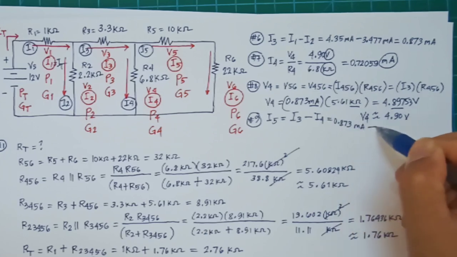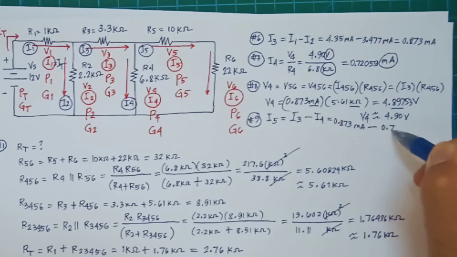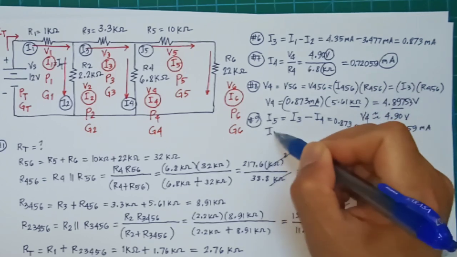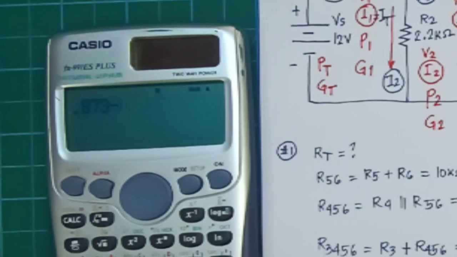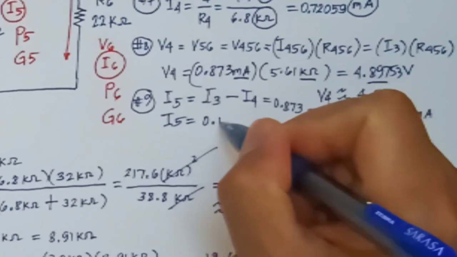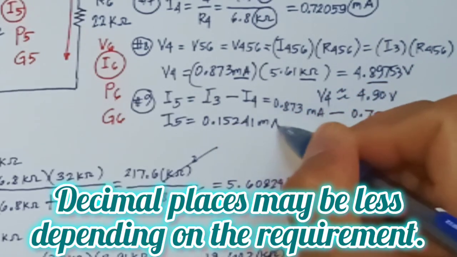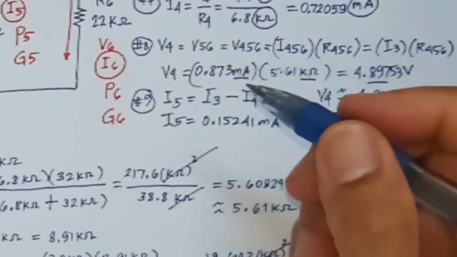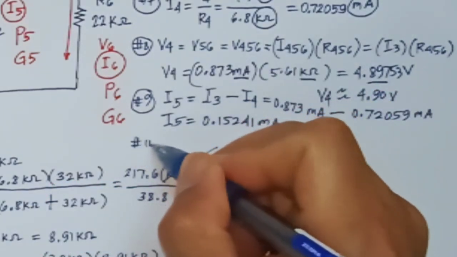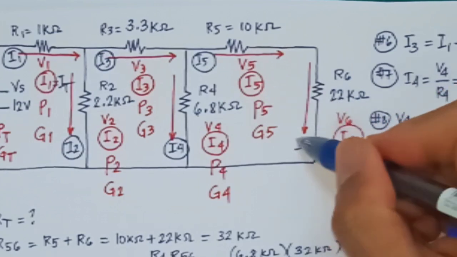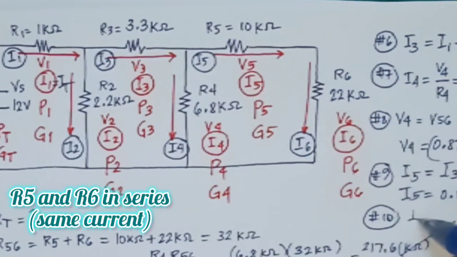Let's write it down over here, I3 minus I4, and let's use the calculator to subtract them. Let's see what the answer will be. 0.15241 milliamperes.